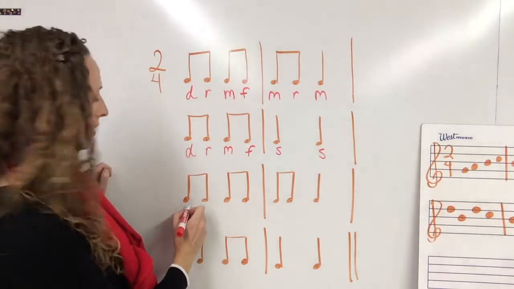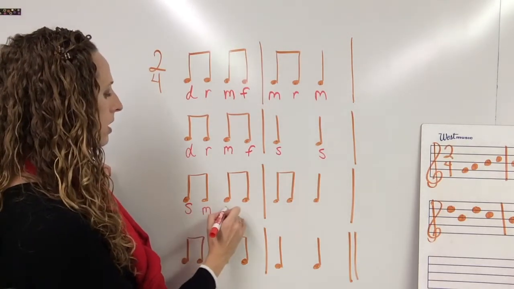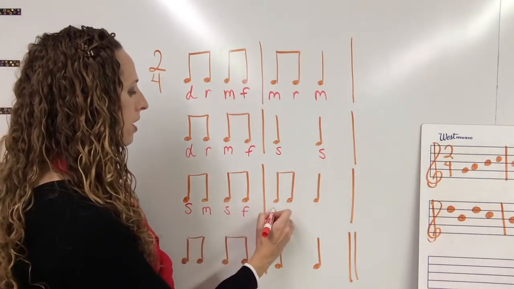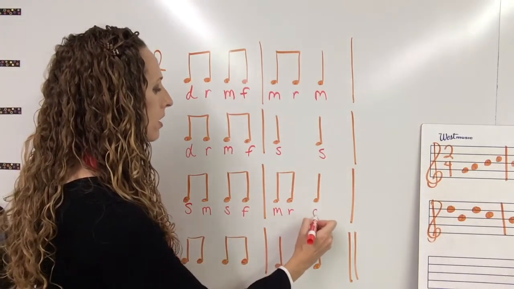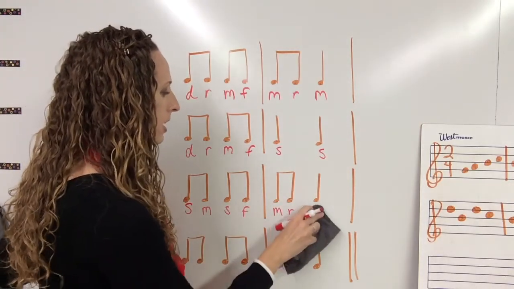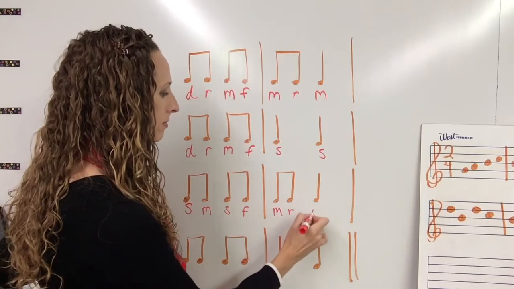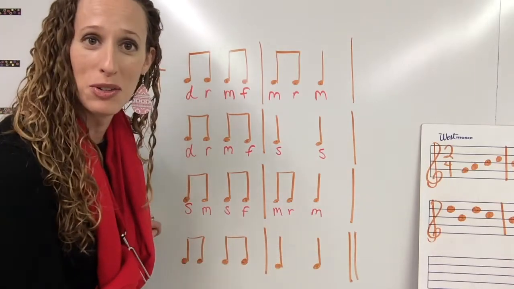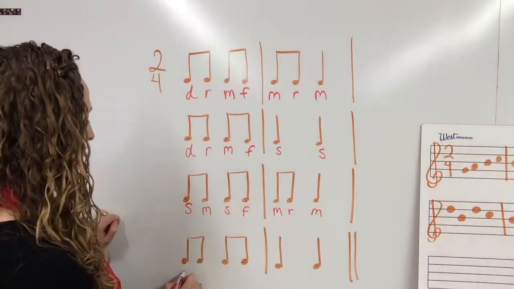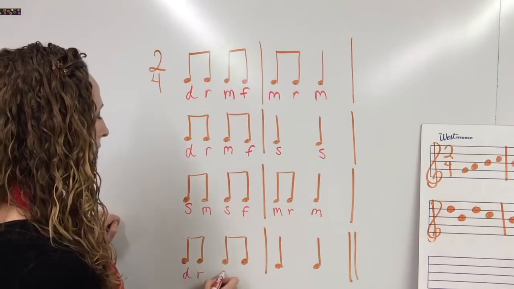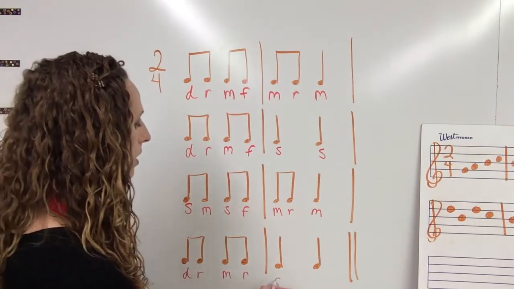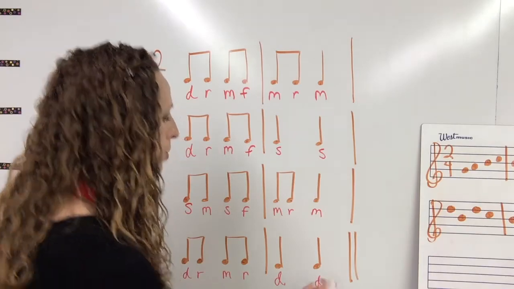Third phrase is trickiest. So, mi, so, fa, mi, re, mi. Always want to go down to do. Last phrase. Do, re, mi, re, do, do.